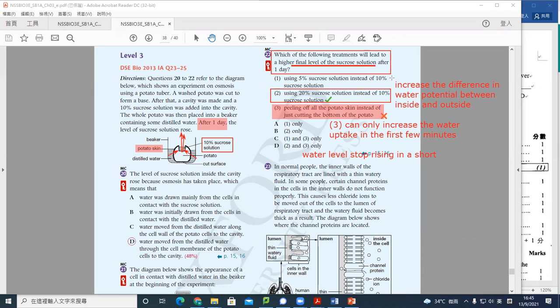The only factor is the difference in water potential between inside and outside.